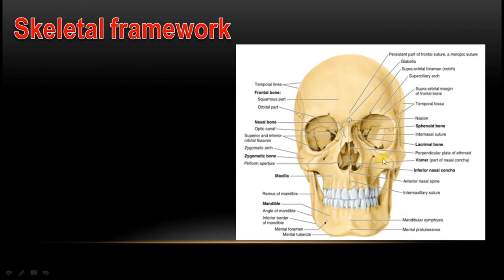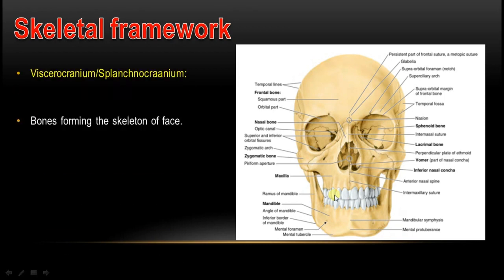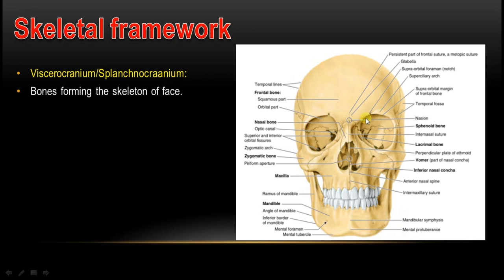Now, coming to the bones of the facial skeleton, it is also called the viscerocranium or splanchnocranium. Why is it called the viscerocranium or splanchnocranium? Because it mainly develops from the branchial apparatus. Developmentally these bones are from the pharyngeal or branchial apparatus.